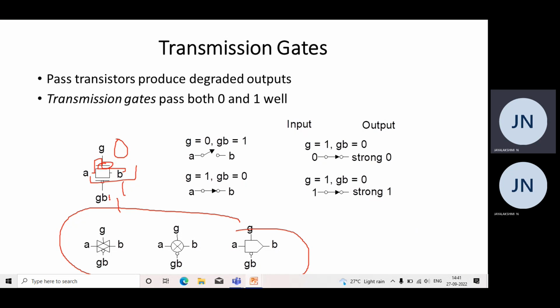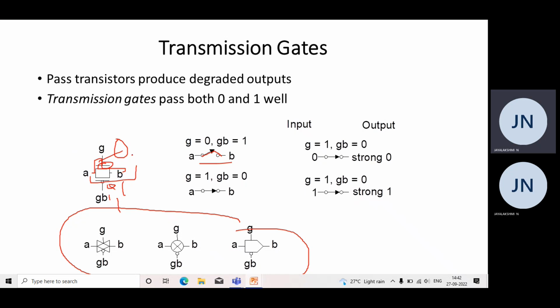And GB is 1, when it is complemented it is 0, so the PMOS transistor is also off. When both transistors are off, there is an open circuit between A and B.